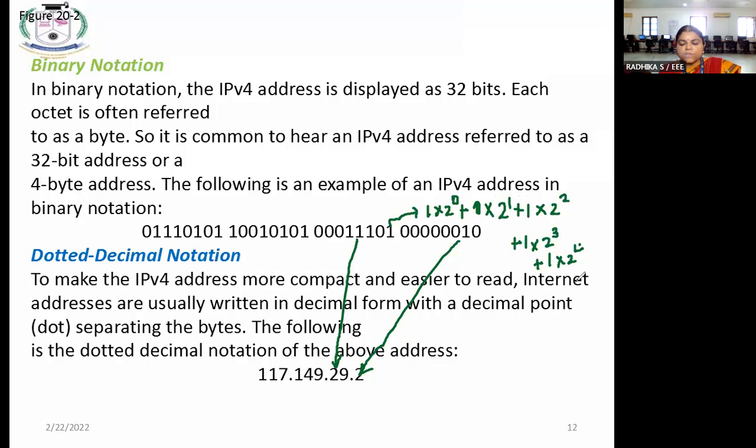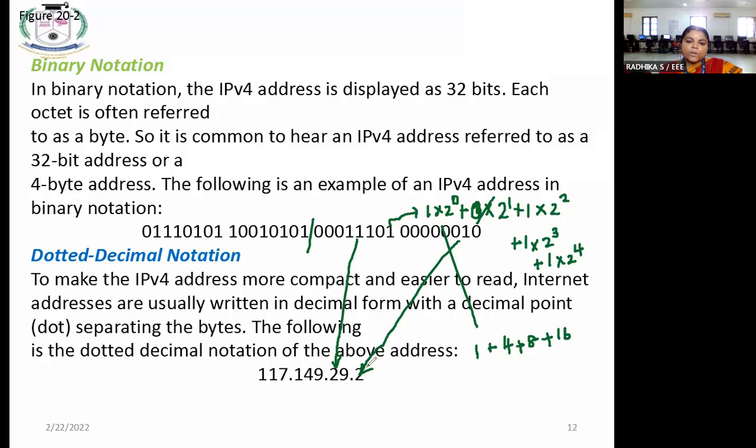And for all the higher powers of 2, it was all 0, so I'm not writing that: 0 into 2 power 5, 0 into 2 power 6, 0 into 2 power 7. Anything to the power of 0 is 1, so this is 1. Then we have the next bit multiplied by 0, anything multiplied by 0 is 0. Here 2 power 2 is 4, then 2 power 3 is 8 and 2 power 4 is 16. Just add them.